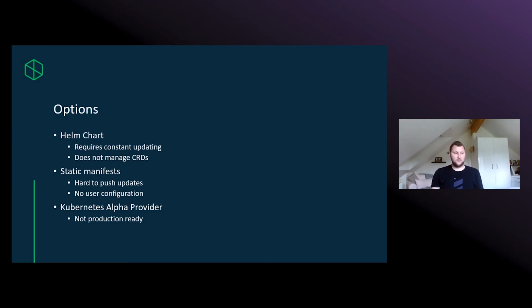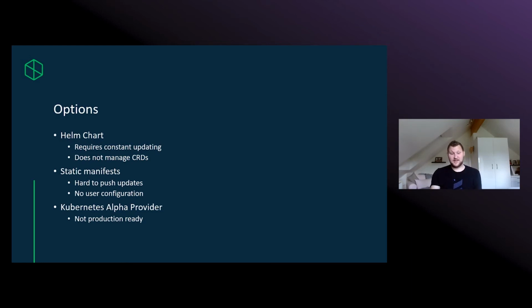We guessed that we would end up in a situation where users would be very confused and bugs would be caused just because they would update the Helm chart version, but they wouldn't update the CRD versions. So there would be a drift there. So it would introduce a manual process that really wasn't that nice. Additionally, Helm charts required us to maintain yet another deployment method that couldn't really be automated.